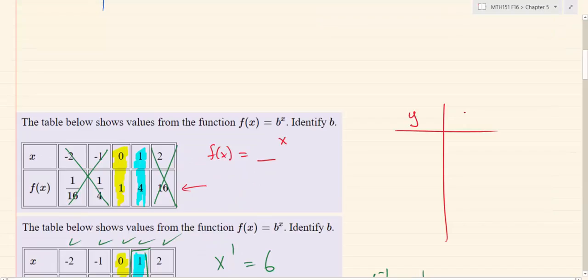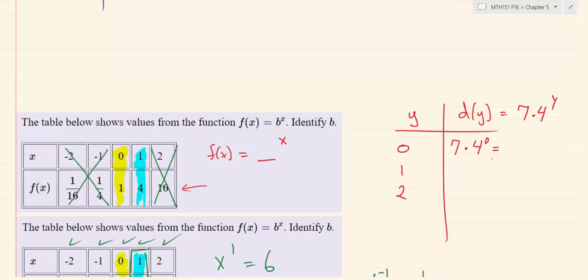So here's x, and d of x equals 7 times 4 to the x power. So let's put in 0, 1, 2. So 4 to the 0 power is 1. And if that's all we had, that's your point 0, 1. But we have more. We're not done. It's not just 4 to the 0 power. It's 7 times 4 to the 0 power.